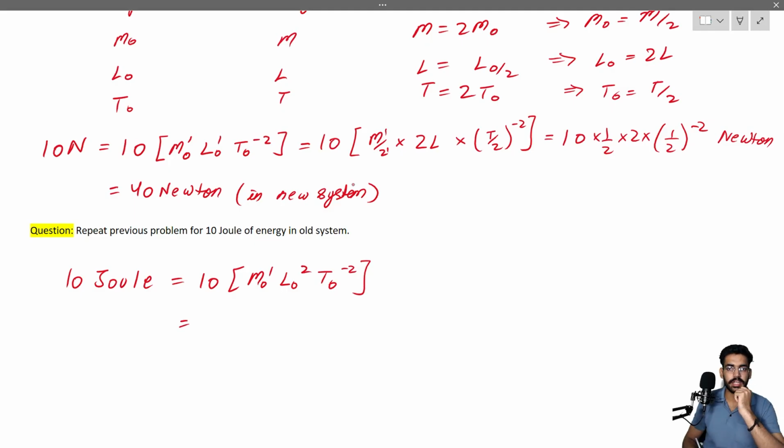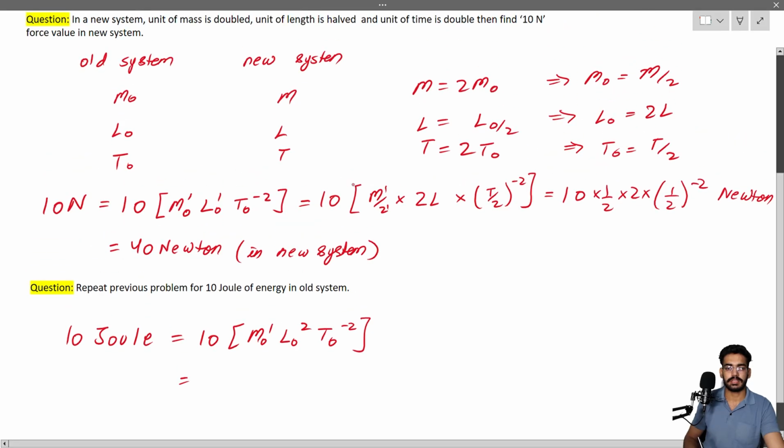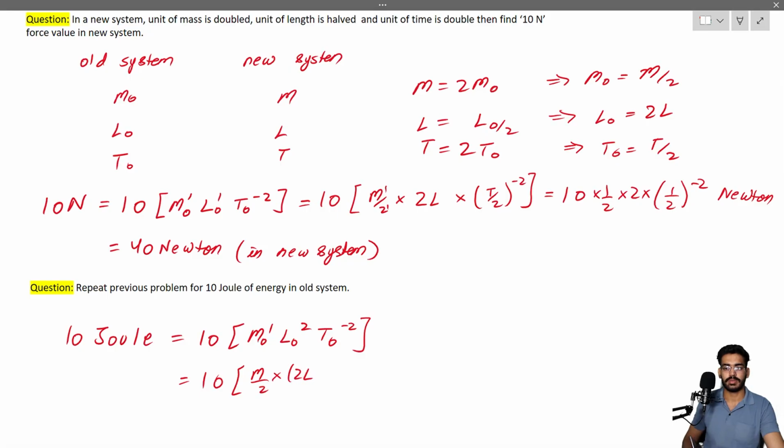Now if you write the relation for the new system, you write 10, m naught that is M by 2, multiplied by L naught to the power 2, so 2L to the power 2, and T naught to the power minus 2, so T by 2 to the power minus 2. So this is going to be 10 into 1 by 2 into 2 square into 1 by 2 to the power minus 2, and then M L square T to the power minus 2, right?